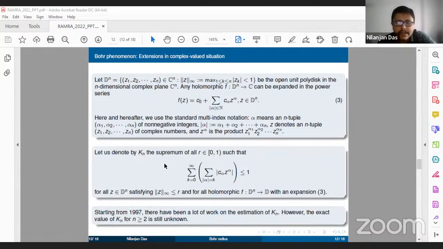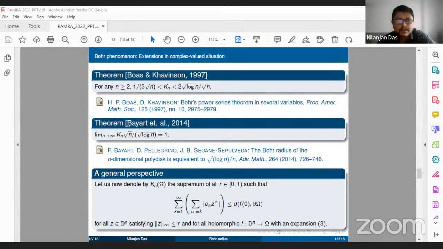So using that definition, this kind of work began in 1997. There has been a lot of work, but the interesting thing is that for any n bigger than 1, the exact value of K n in terms of n has not been determined yet. The first result was that K n is bounded below by 1 divided by 3 square root of n and bounded above by 2 square root of log n divided by square root of n.